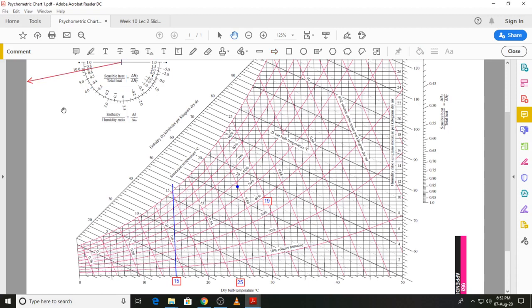So that is the direction of the process, and what I need to do is to again draw a line which is parallel to this line from state 3, and wherever it intersects this constant dry bulb temperature line of 15 degrees C, that will be the location of state 1.